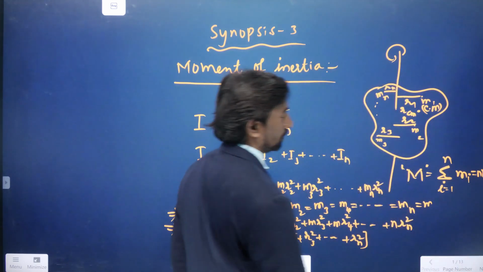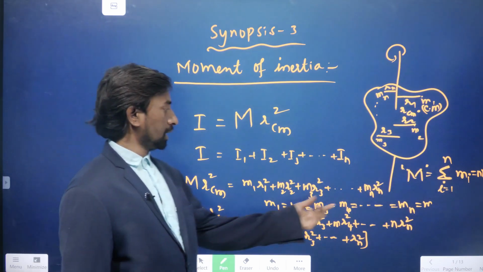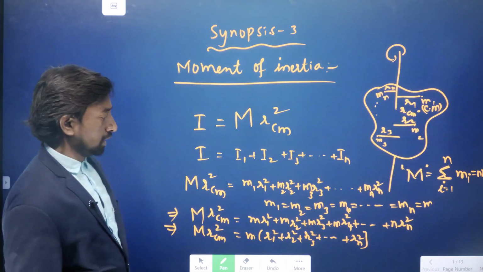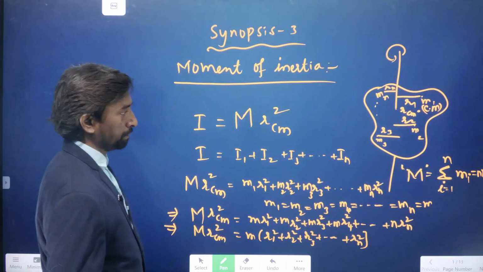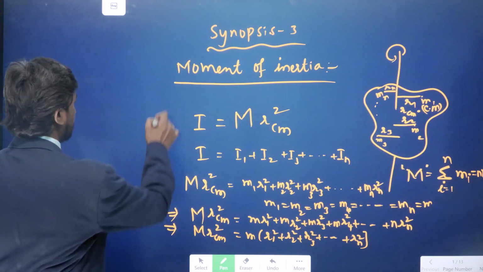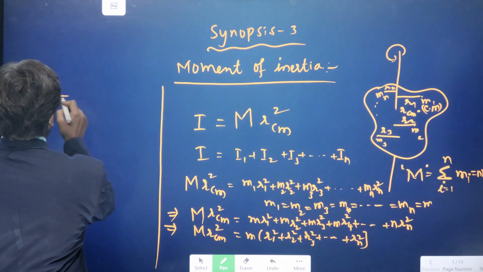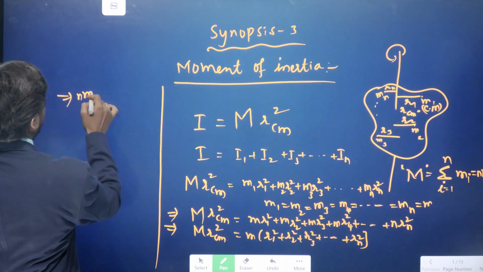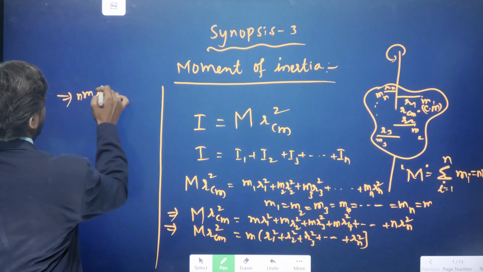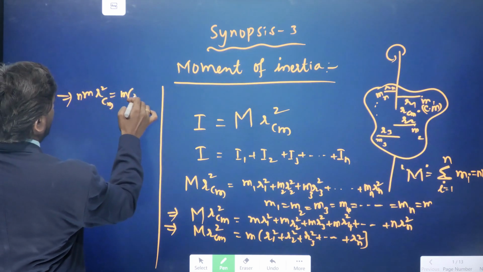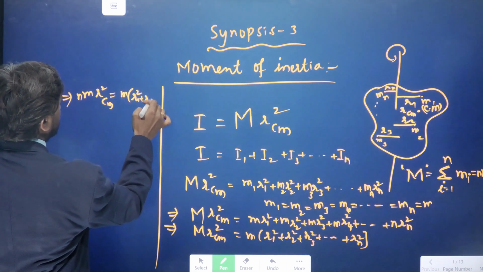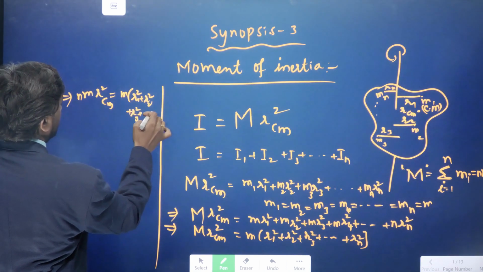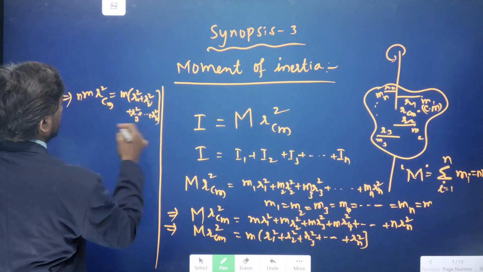So n into small m times RCM square is equal to m into R1 square plus R2 square plus R3 square, and so on up to Rn square.